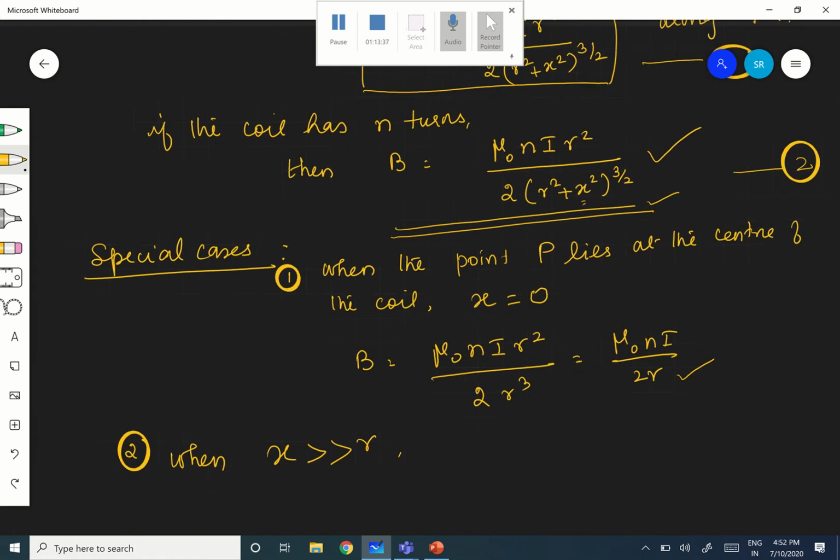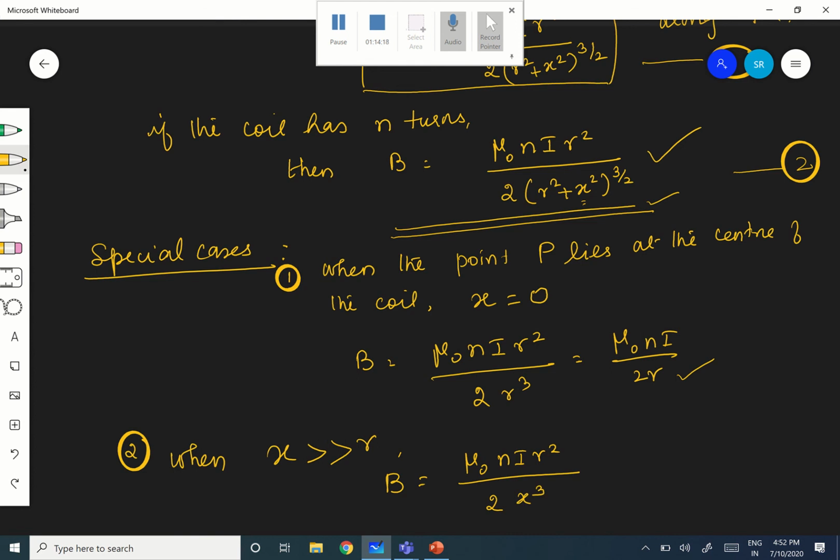Substituting in 2, x is very large when compared to r, therefore you can neglect the radius in r squared plus x squared. Therefore your B is equal to mu naught n I r squared divided by 2 into, r is neglected, x squared to the power 3/2, that is x cube.